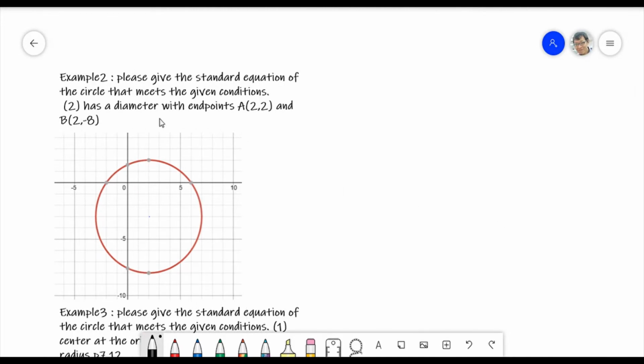Let's see, here is a diameter with endpoint A at 2, 2 and B at 2, -8. First, let's understand what a diameter is.